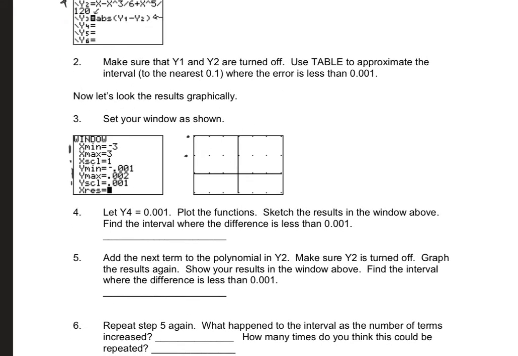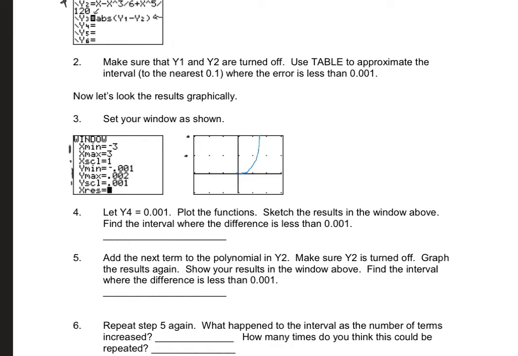When you graph this, we're going to see our difference, y2 minus y1 in absolute value. You should get something that pretty much hugs the x-axis until you get just before that first tick mark, and then it's going to go up.